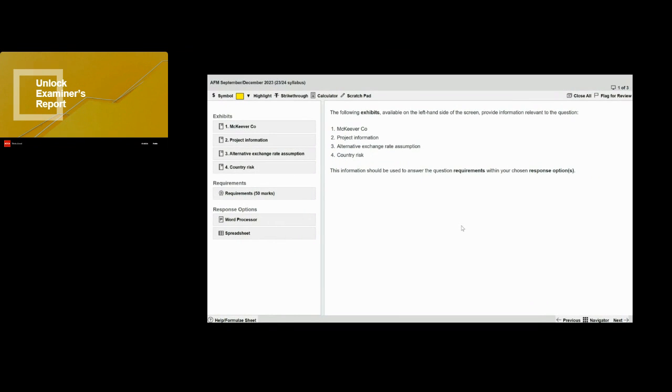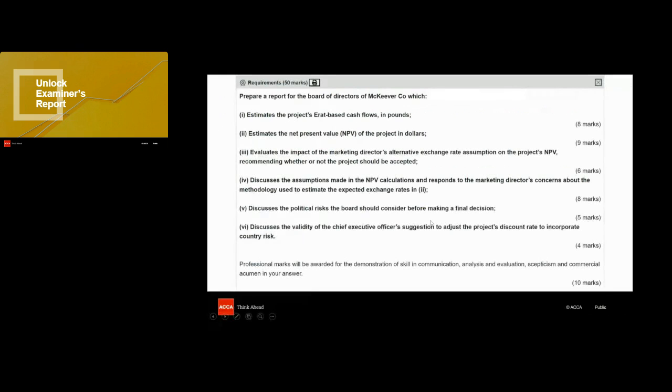This question is for 50 marks, and there were multiple requirements. The requirement to find out the cash flow in pounds, find the NPV in dollars. Those were two different requirements. And you need to evaluate the impact of the marketing director's alternative exchange rate assumption.